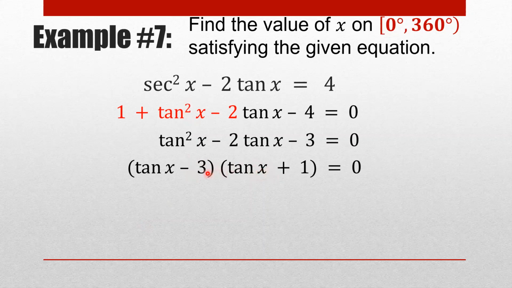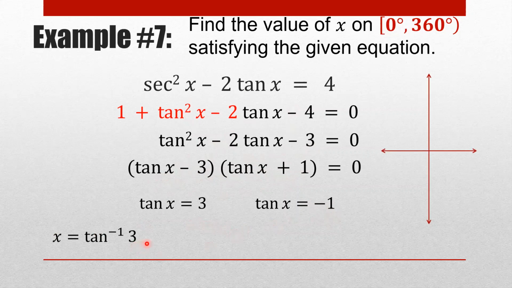Again, you can double check. Negative 3 plus positive 1 is negative 2. Negative 3 times positive 1 is negative 3. Here we have tangent of x equals 3. Here we have tangent of x equals negative 1. So, tangent x equals 3, is that possible? Where?